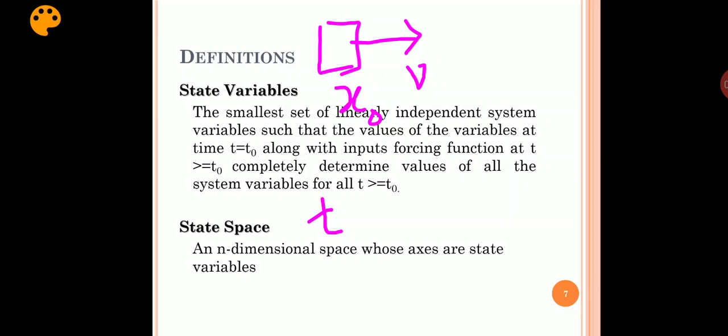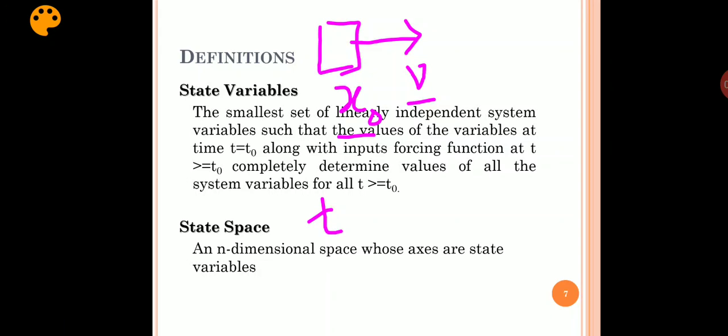I need to know its initial position and also the velocity with which it is moving. So the output of my system can be determined only when I know these two parameters, that is x naught and v. So these two variables will act as my state variables to give an output of this system at any given point of time, t greater than or equal to t naught.